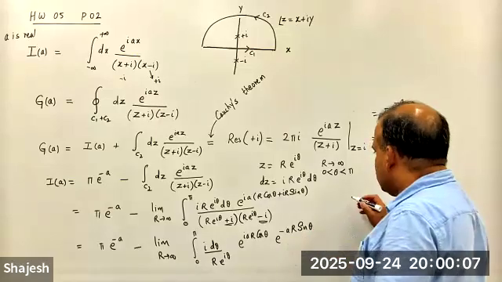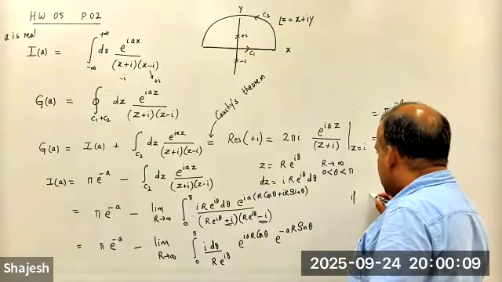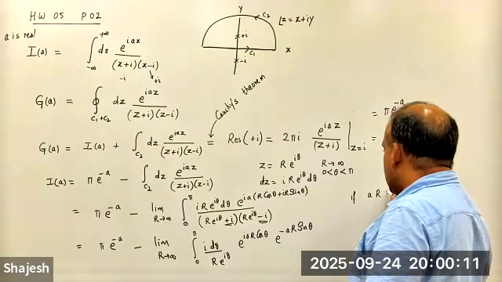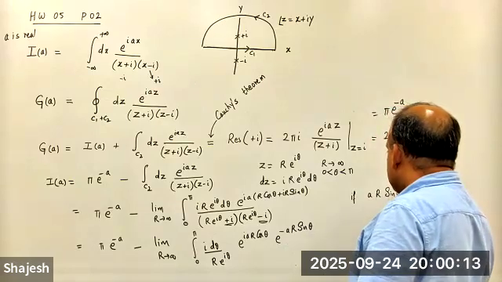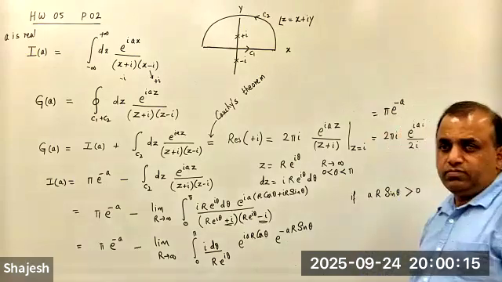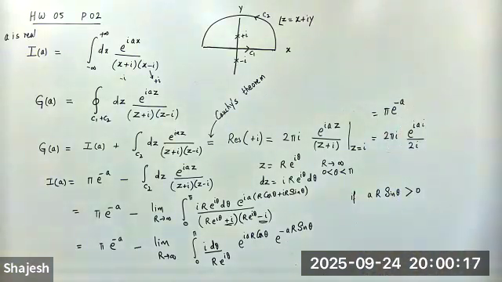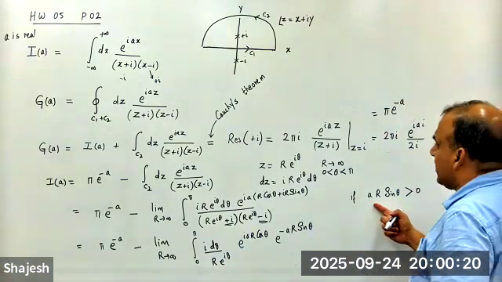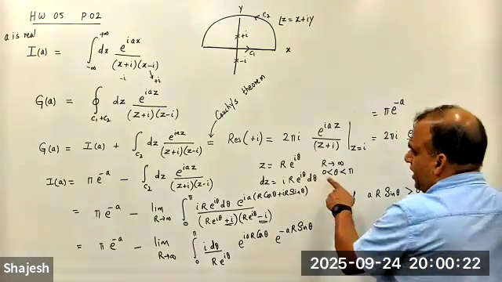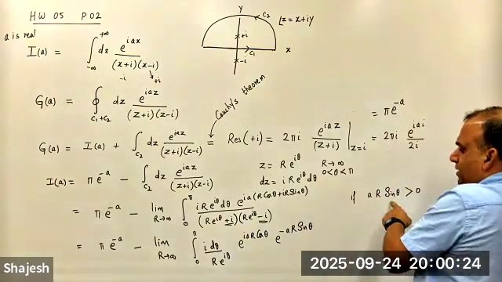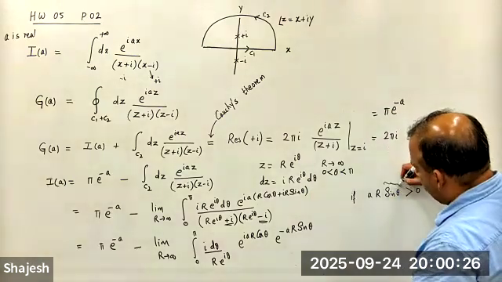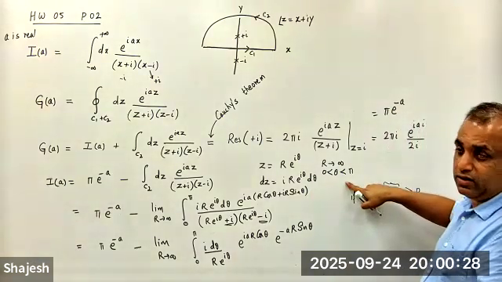This is convergent if a times R times sine theta is greater than 0. Let's ask if it is really greater than 0 or not. We are running theta from 0 to pi. Sine theta is positive from 0 to pi, right?